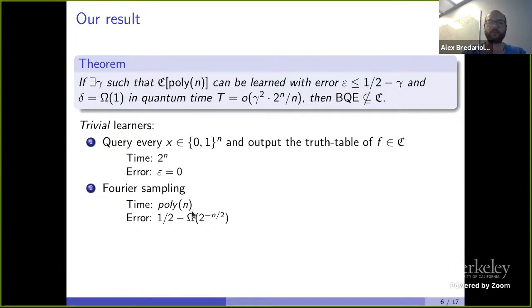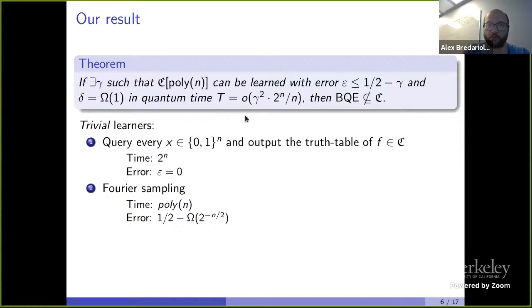And it's not hard to see that this gives this approximation, like half minus big omega of n 2 to the minus n over 2. I don't want to explain how it goes, but it's a simple analysis that shows that this Fourier sampling gives us these bounds.